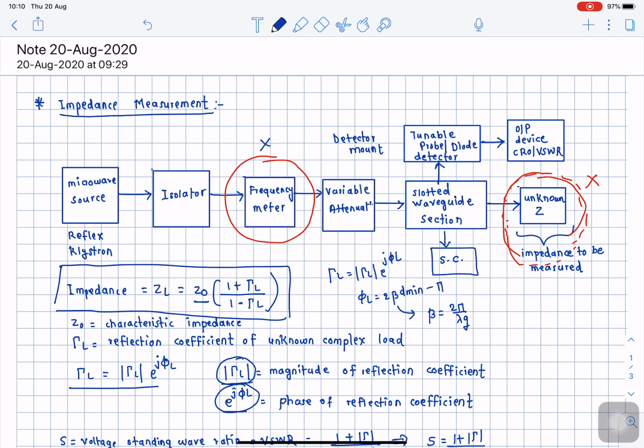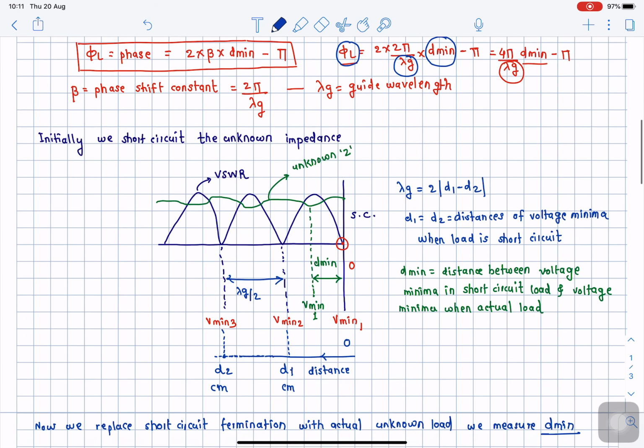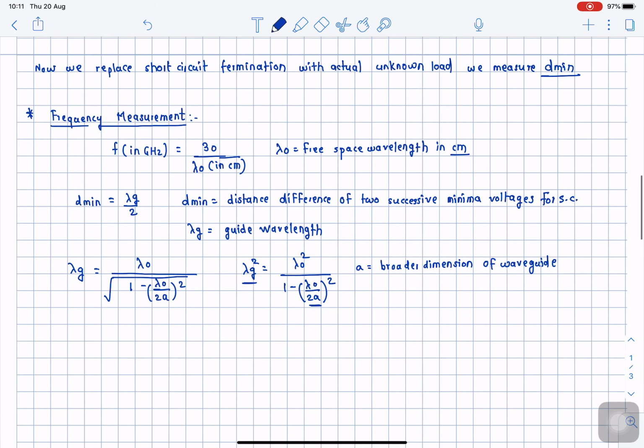The rest of the arrangement remains the same. With this condition, I will measure the distance between two successive minima, which will give me the guide wavelength, that is lambda g. So lambda g is known to us then.